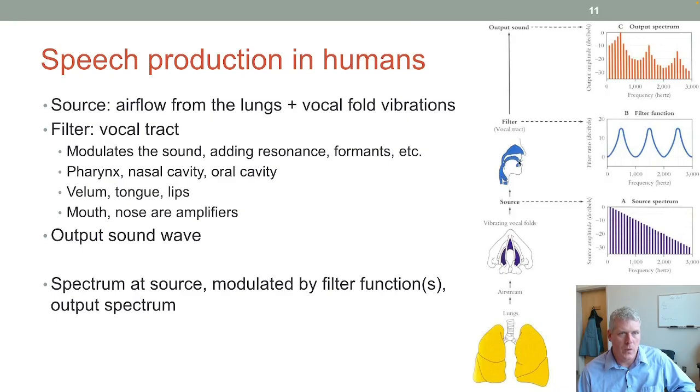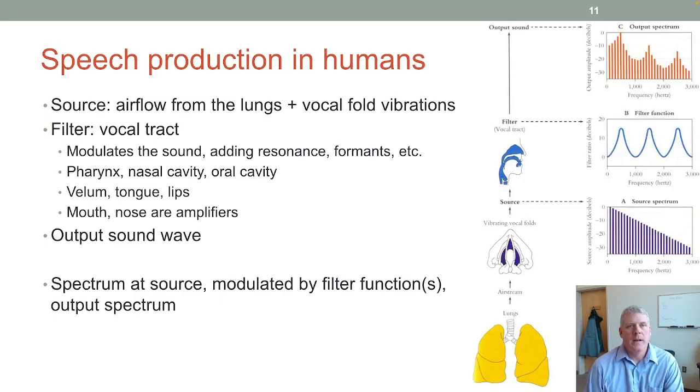Also through our mouth, the oral cavity, as well as the nasal cavity. So those three cavities, as well as the position of the tongue and teeth, and the way you use your velum, the back soft palate of your mouth, right? All of that goes to modulate the sound and add resonance and formants and harmonics, like we talked about, right?